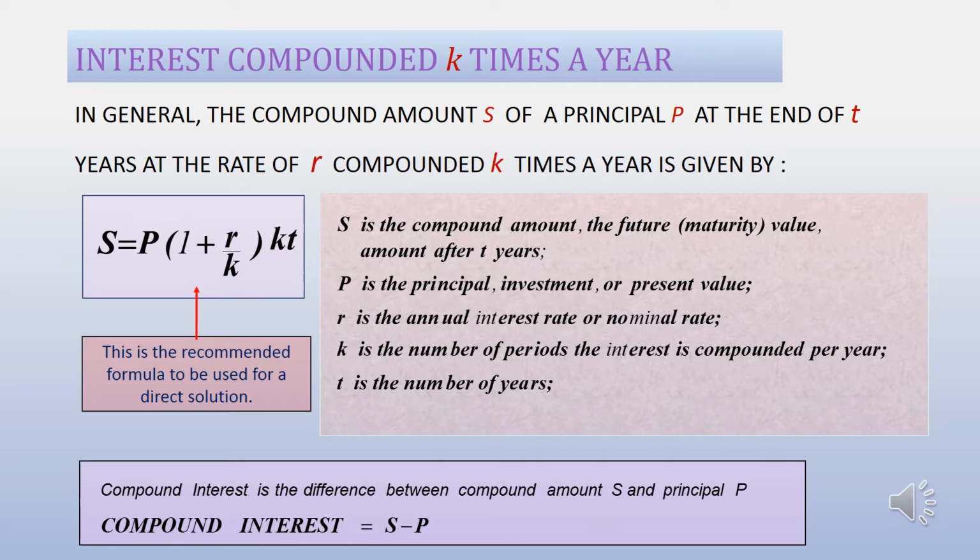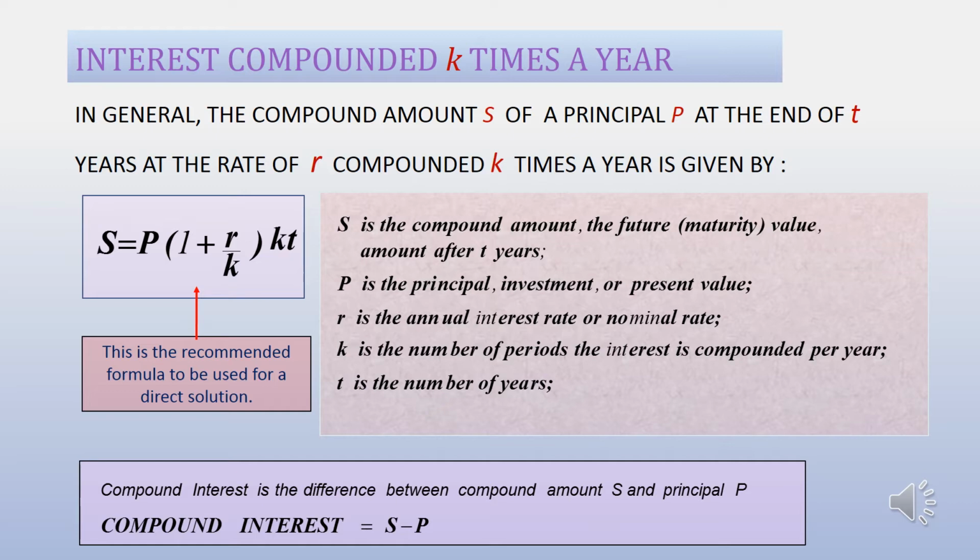Here, we substitute the value of I with R over K, and we substitute the value of N with K multiplied by T. We can see here that we have 5 variables: S, P, R, K, and T.